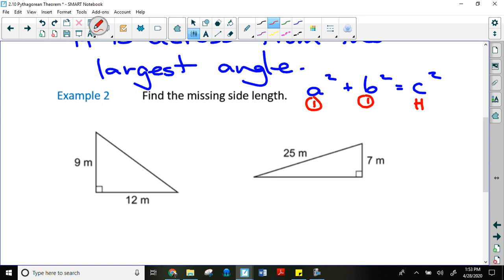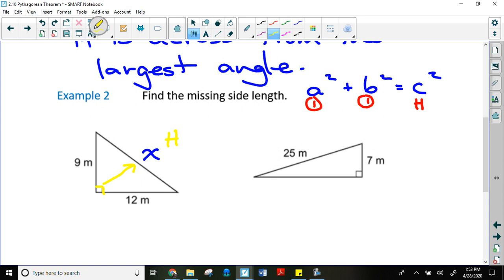Okay, so we've got 9 on this side, 12 on this side, and this is our unknown side. What side is that on this triangle? We think of our 90 degrees. We put it across. This is our hypotenuse.